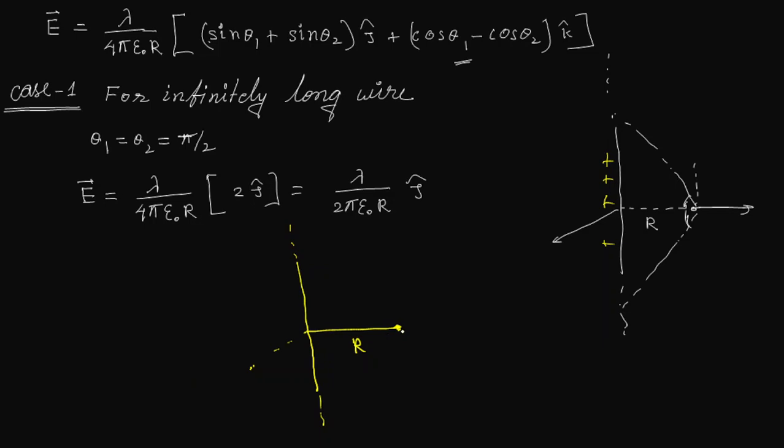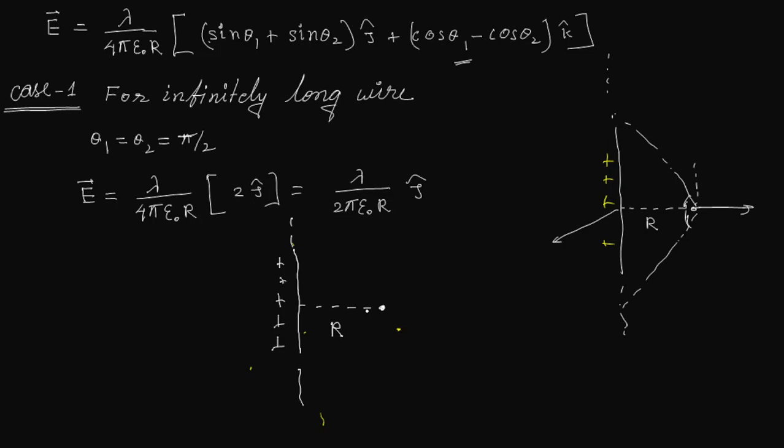So in general, what you have to remember here is, if we have an infinitely long wire, the electric field at a distance r will be lambda divided by 2 pi epsilon naught r. Let's say you have an infinitely long charge-carrying wire, and we want to calculate the electric field at a point at perpendicular distance r.